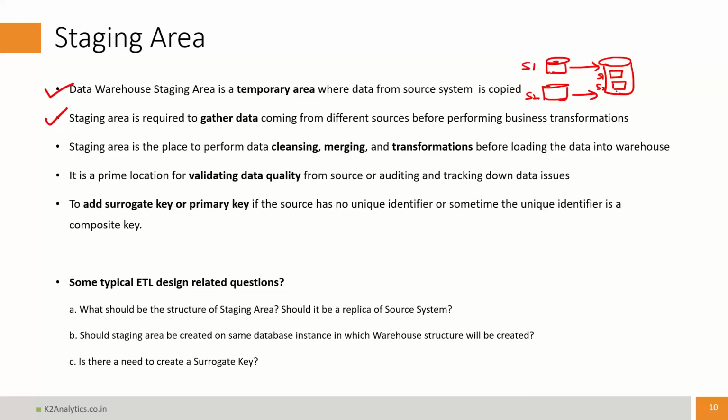Because these two tables are in the same database, you can now do any SQL query between these two tables easily. Earlier, S1 and S2 were in two different databases, so doing any data manipulation might be difficult because you will have to work with cross database queries, which is really difficult.